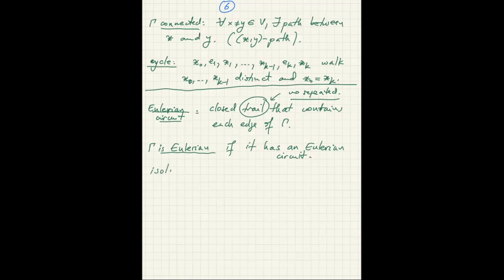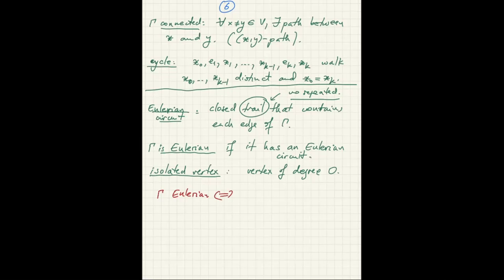I need the notion of an isolated vertex. An isolated vertex is a vertex of degree 0, so it has no edges incident with it. Now one simple observation is that if we have a graph gamma that is Eulerian, so there is one of these closed trails that contains every edge exactly once, then having isolated vertices doesn't really affect this property.